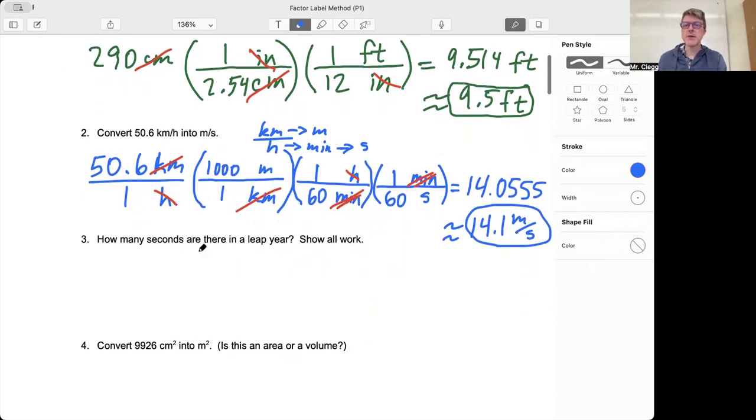All right, how many seconds are there in a leap year? Let's do this one. So leap year has 366 days. All right, so we can convert. First, we'll convert to hours. So we'll go days to hours, 24 hours in 1 day.